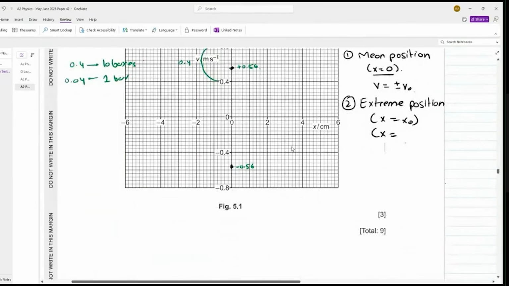Let's convert it into centimeters. 0.035 meters is equal to 3.5 centimeters. When you are at the extreme position, when x is equal to x naught, your velocity becomes zero. Where will 3.5 centimeters be? Here and here, negative 3.5.